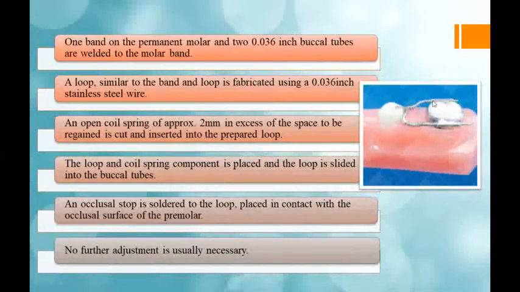After that, an open coil spring of about 2 mm in excess of the space to be regained is cut and inserted into the prepared loop. The loop and coil spring component is placed and the loop is slid into the buccal tube, and the occlusal stop is then shouldered onto the loop and placed in contact with the occlusal surface of the premolar.